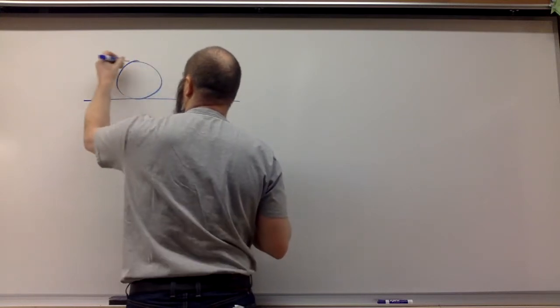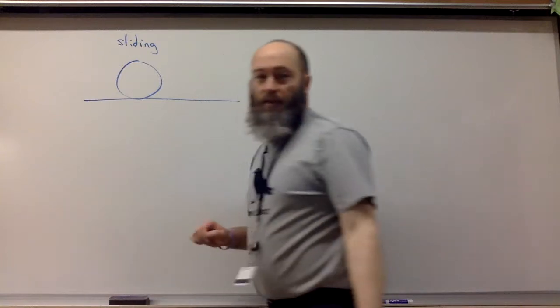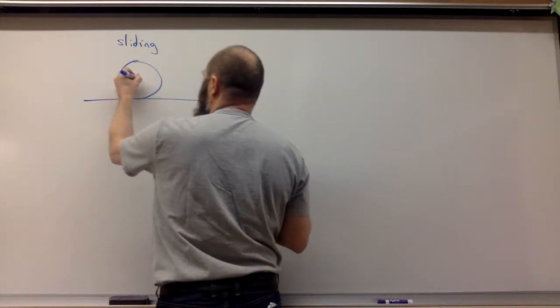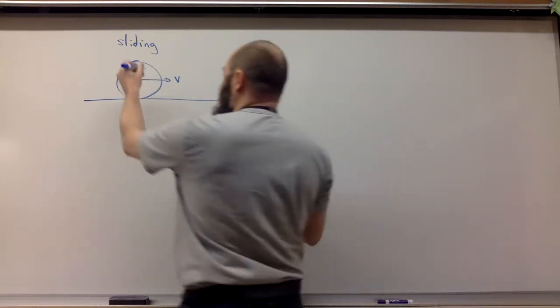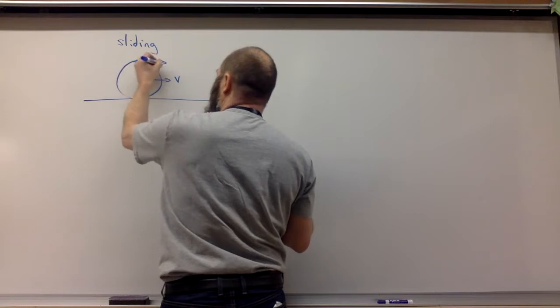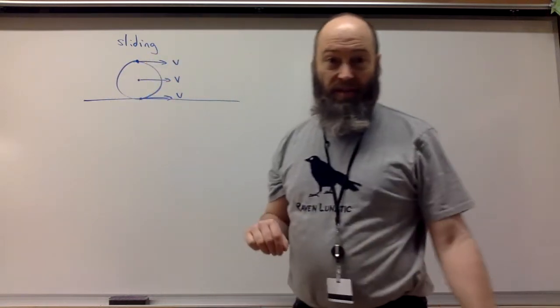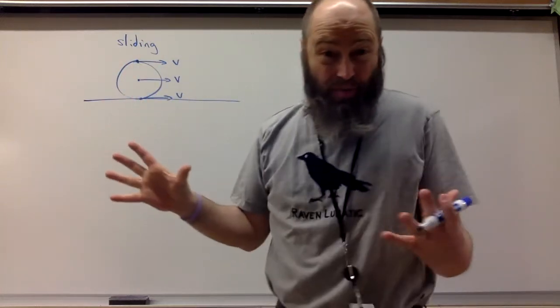So let's say I have something that's sliding along at a speed of v. Well, if I have something that's sliding along with the speed of v, that means that all parts of it are moving along with the speed of v. So I just drew 3 parts, but every single part would be sliding along with the speed of v.